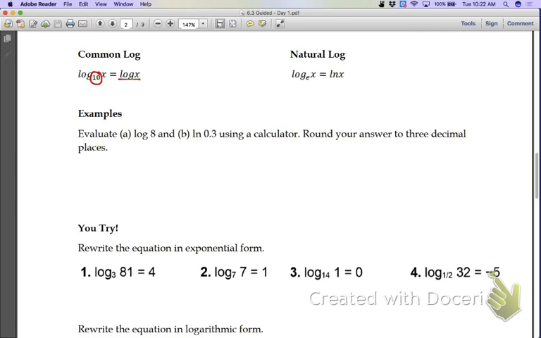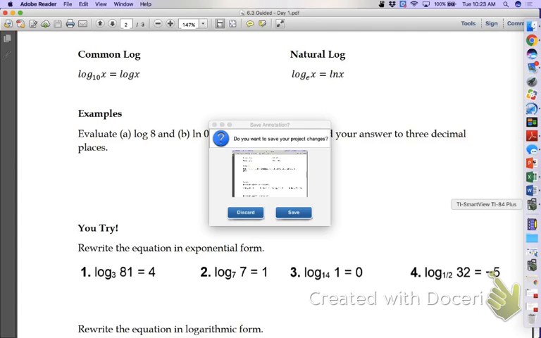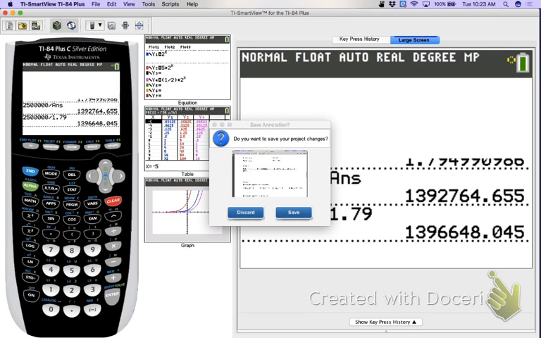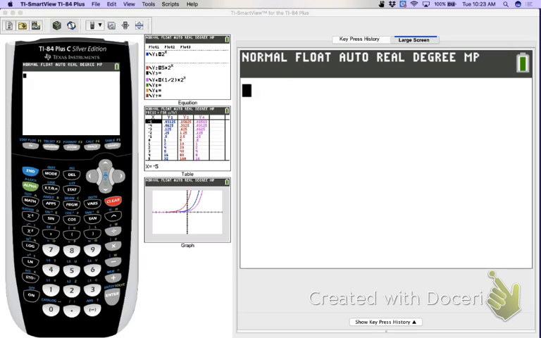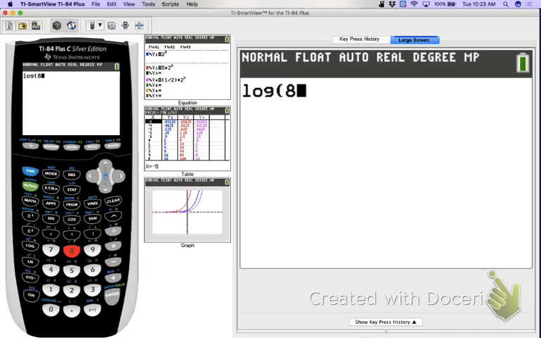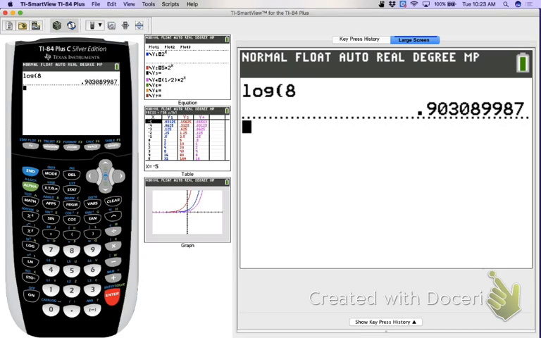So it says to evaluate log base 10 of 8. All you have to do, like I said, this is the easy part, is go to your calculator, hit log 8, enter. You just evaluated it. It's the only time you're going to use the calculator. Even the same way with the natural log, what is it on B?